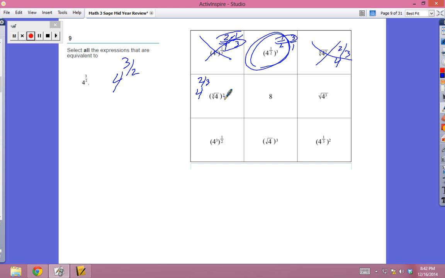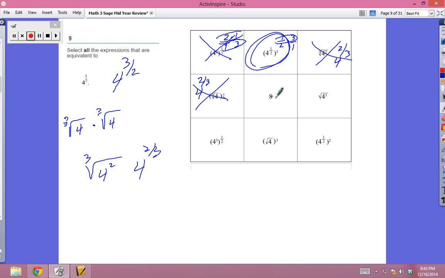So does it matter if the exponent is outside or if it's inside? So the cube root of 4 squared is the same thing as the cube root of 4 times the cube root of 4. Yeah, that is going to be the same. So if you're timesing them, that's going to be the same as the cube root of 4 squared. So that will be 4 to the 2/3. So that's no good.